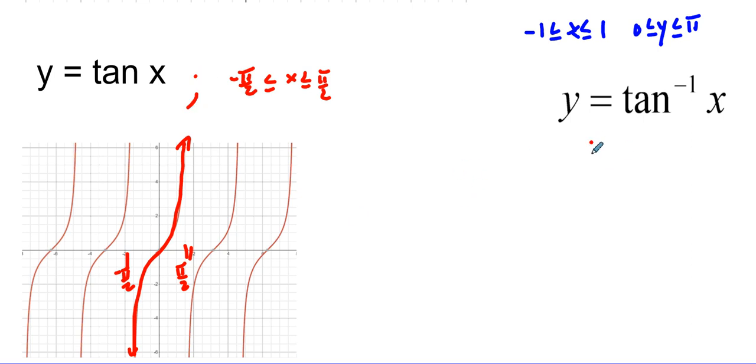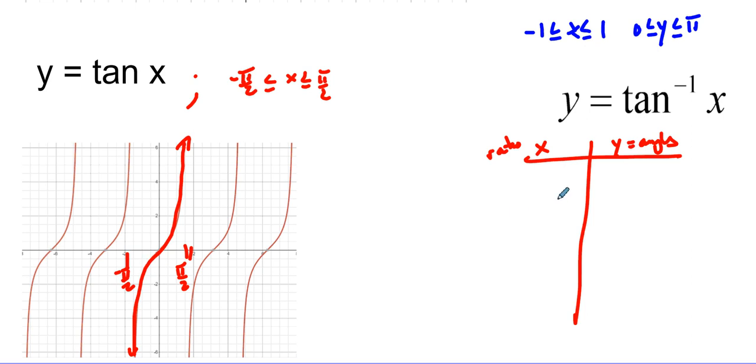And so when we look at the inverse tangent, once again, taking our x values over here, which we know are going to be our ratios, and our outputs right here are going to be our angles. For this one, we have an asymptote that is approaching.